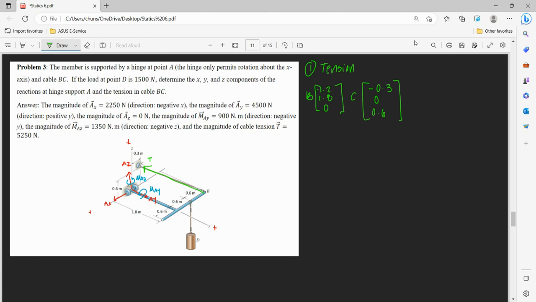So we want to find our position vector for BC.